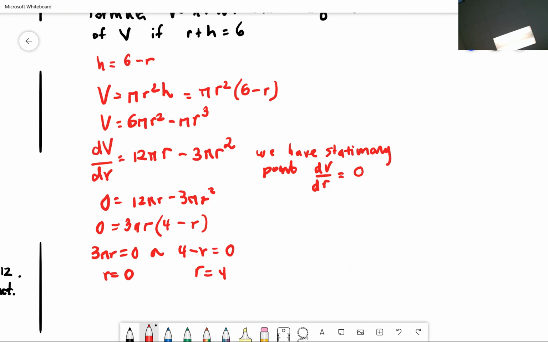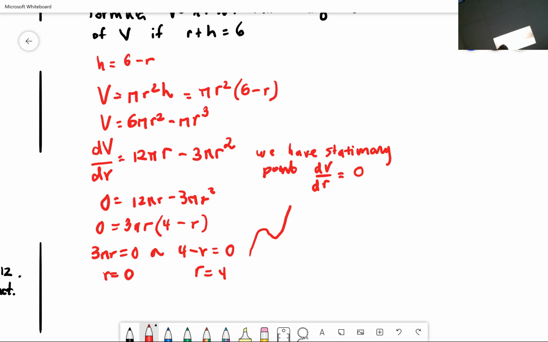A third power could be something like this, that little swerve I just made, where you could have local minimums and local maximums. That's the thing with things to the third power: you can have up to 3 real solutions. Sometimes you have 3 complex solutions. But that's what we have.